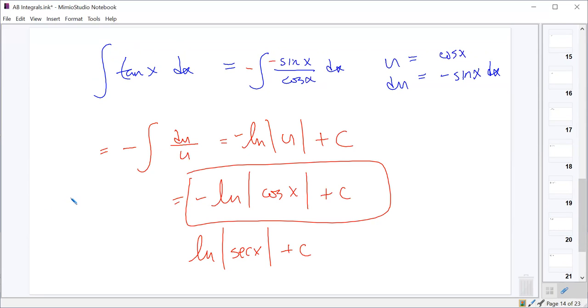Right, because if you think about it, remember this -1 that's out in front of it can be applied as an exponent of something inside the logarithm. So it's the natural log of cosine x to the power of -1, not the inverse cosine, but to the power of -1, which then drops that down. Natural log 1 over cosine, or natural log secant. Okay, got it. So helpful to know those, but if not, it's helpful to know that those are done using a u substitution.